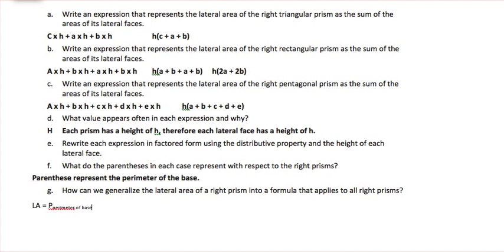And I'm going to put that as a subscript, so we remember that, times the height. So for all right prisms, the lateral area, and that's the side area of the surface, is going to be the perimeter of the base times its height.